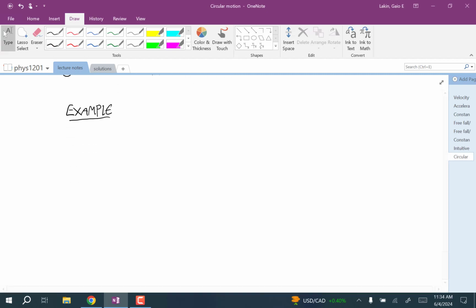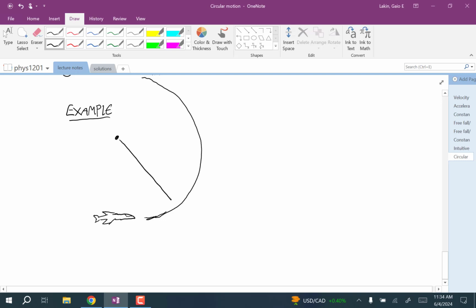Let's say that we have an airplane and it's in a circular path like this. Okay, so that's supposed to be like a semicircle. And the radius of this circle is 250 meters.